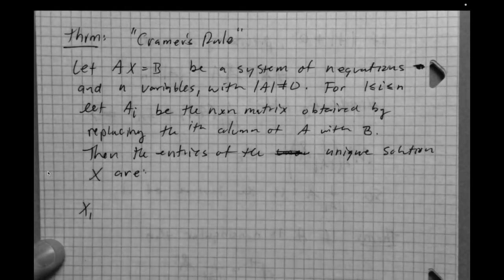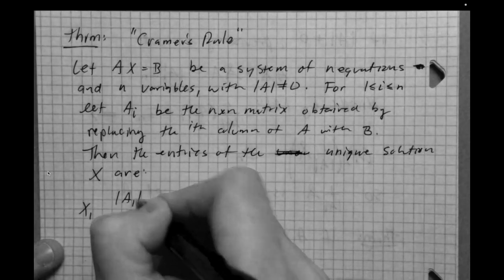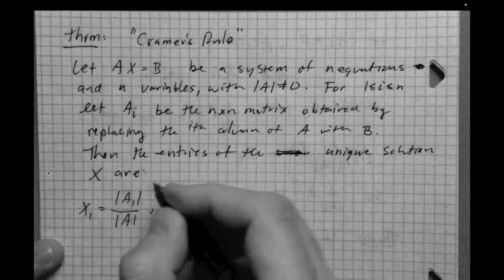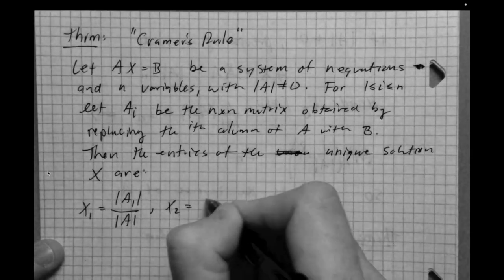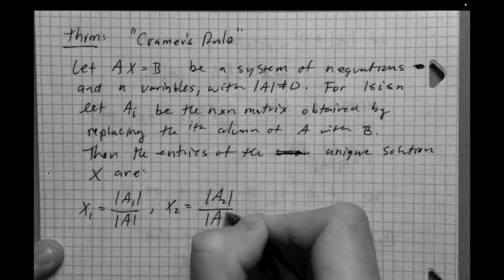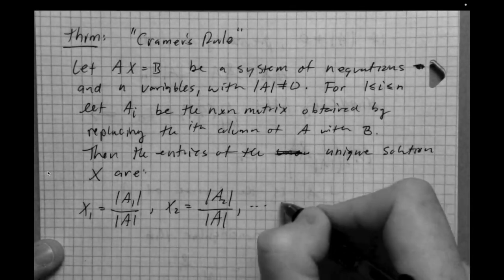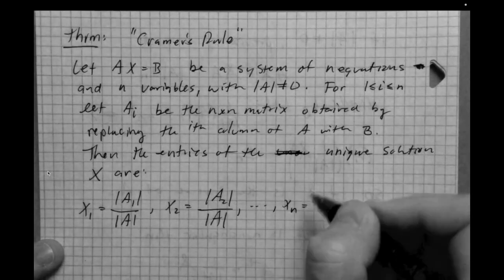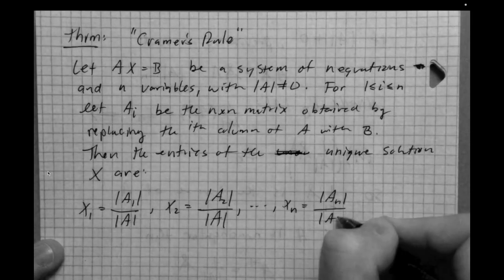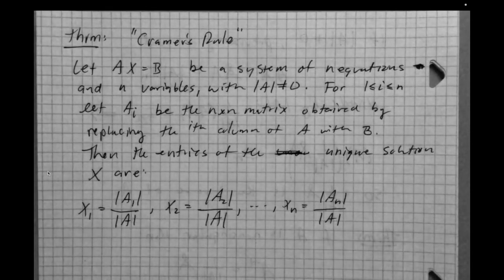The first entry will be the determinant of A sub 1 divided by the determinant of A. The second entry will be the determinant of A sub 2 divided by the determinant of A, and so on. The nth entry will be the determinant of A sub n divided by the determinant of A. Crazy. Fast. That's very strange indeed.